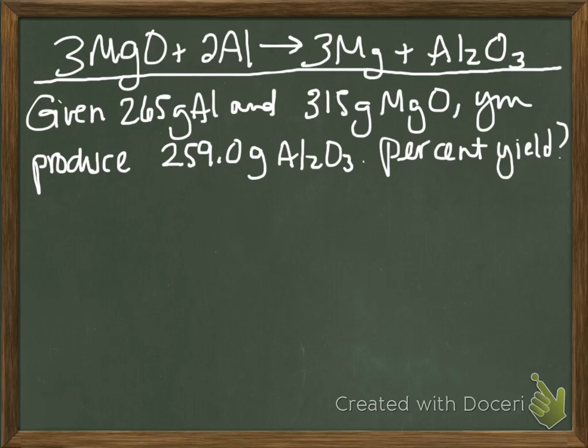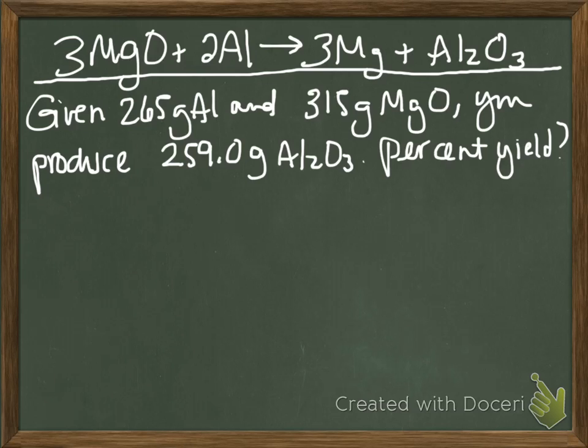Which one do you want to use to start your calculations to find your theoretical yield? You have to use your limiting. If you don't use your limiting, your theoretical will be wrong. Because remember, the limiting is the thing that limits how much product you can create.